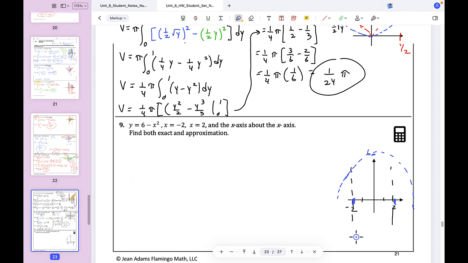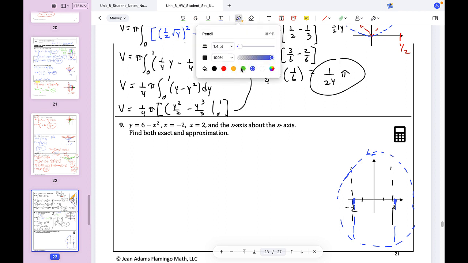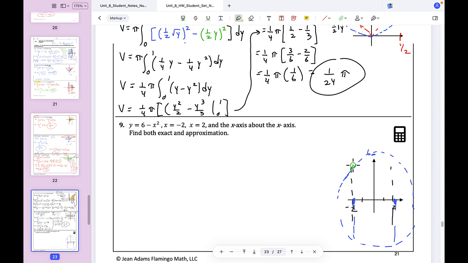If this revolves around the x-axis, I'm going to get a curve that looks like this. So there's no hole there. This is not a washer, right?